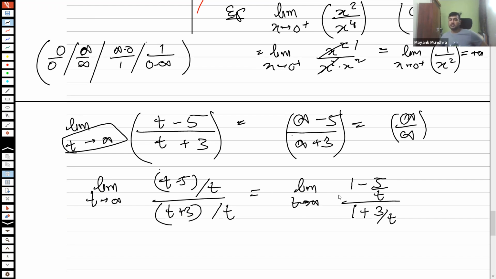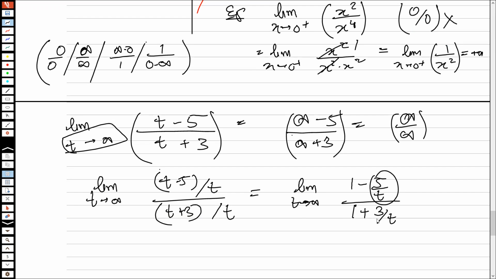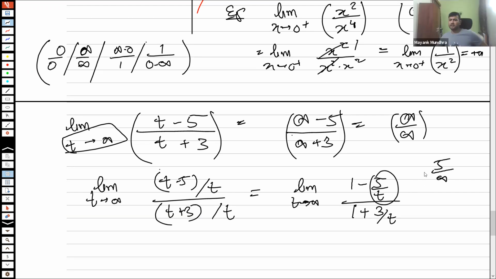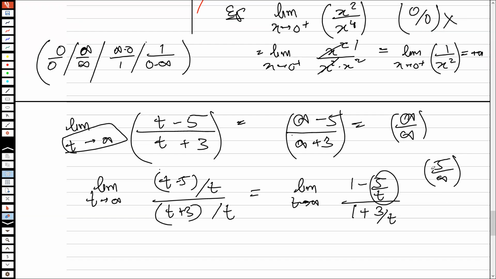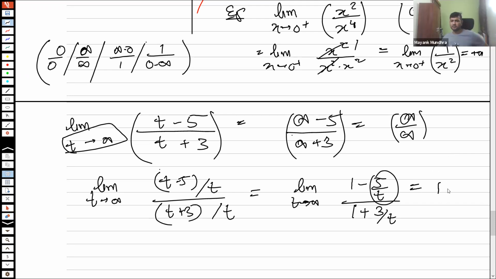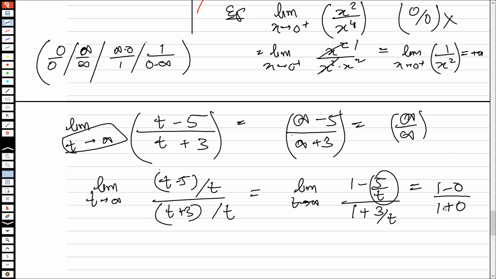As t tends to infinity, Kashish, what is 5 by t? What is 5 divided by infinity? What happens when you divide 5 by a very large number? When you divide by a very large number, it becomes 0. So this is 1 minus 0 upon 1 plus 0.